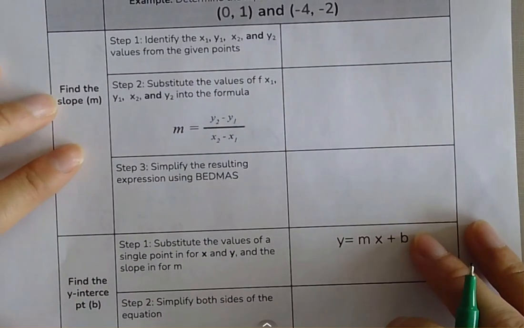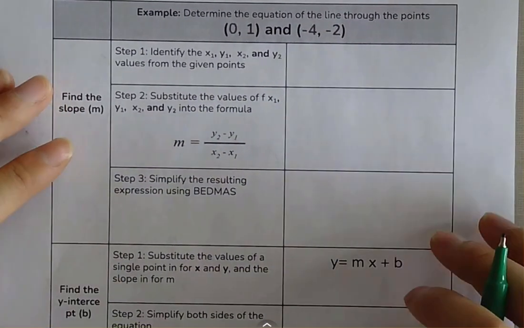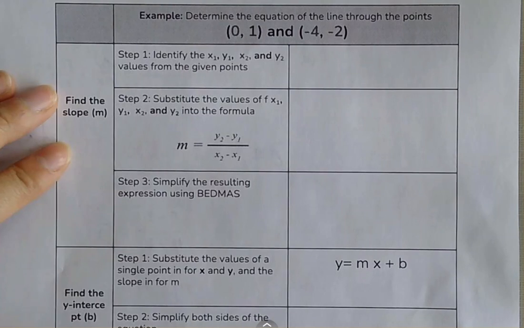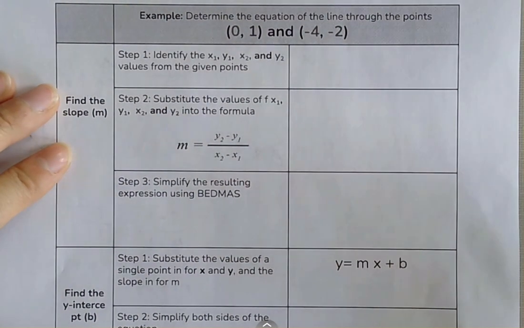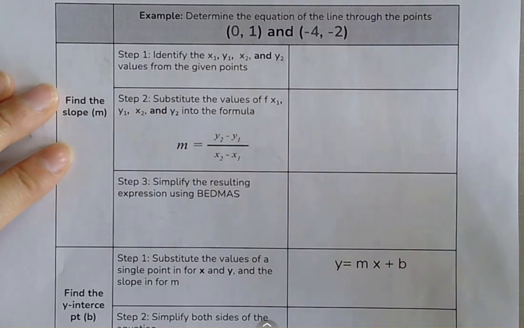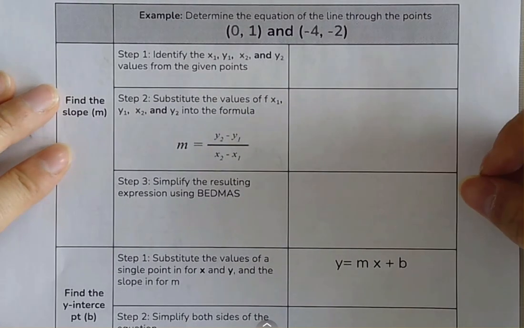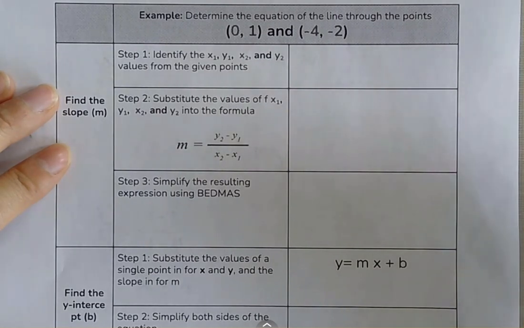Now, let's try to do one more example. So again, same thing. If you choose to graph the points to help you visualize it easier to find the slope, go ahead. For this one, I'm going to use the slope formula with x1, y1, x2, y2.